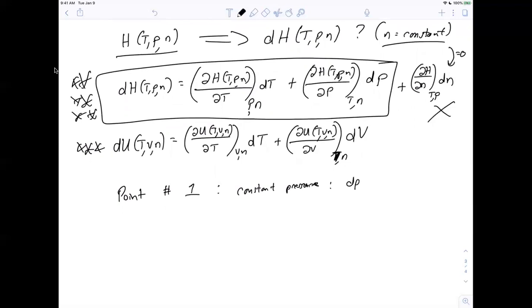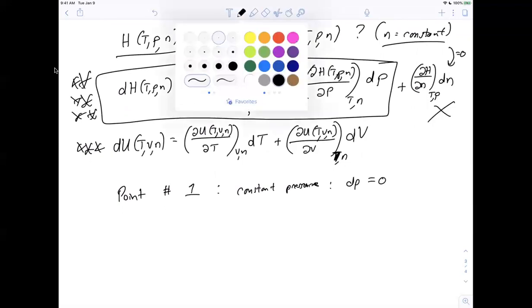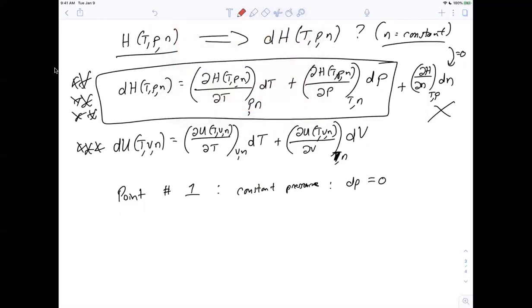Constant pressure. dP is 0. Let me also stipulate that these two relationships right here are general. They're very general, and so they will always hold, as long as dN is 0.